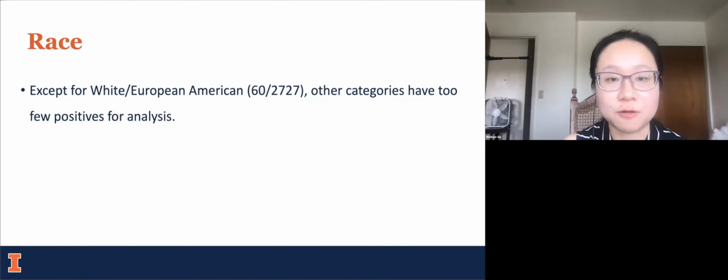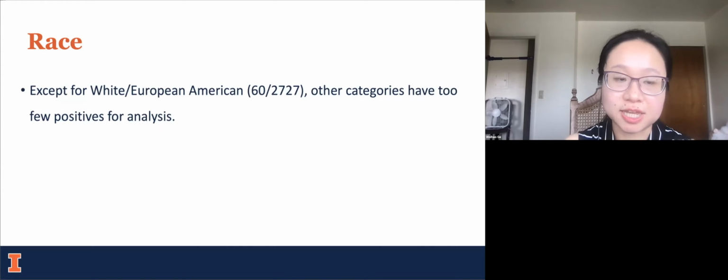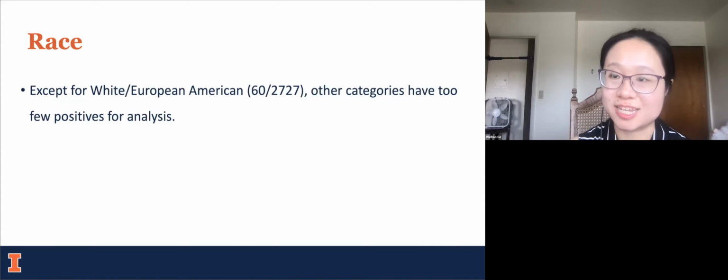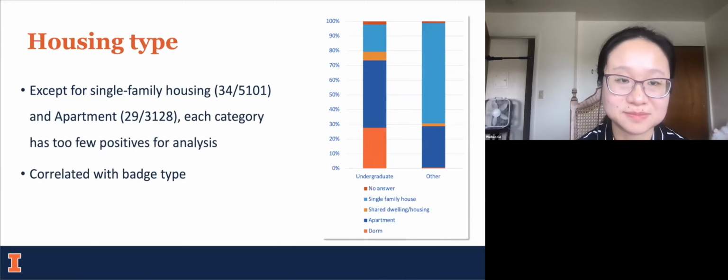Except for white European Americans, other categories have too few positives for the analysis. And since the other categories are highly heterogeneous, I don't think it's reasonable to merge them like in the previous cases. So for the race, we have too little information to draw any conclusion.